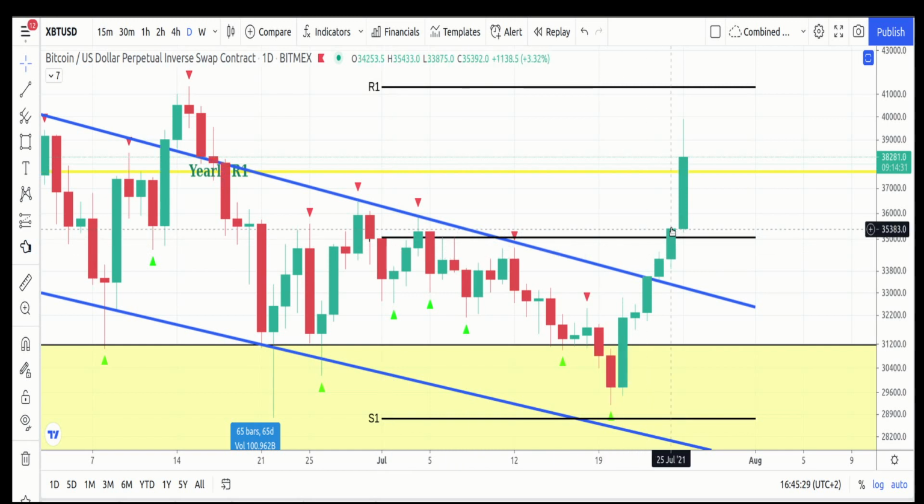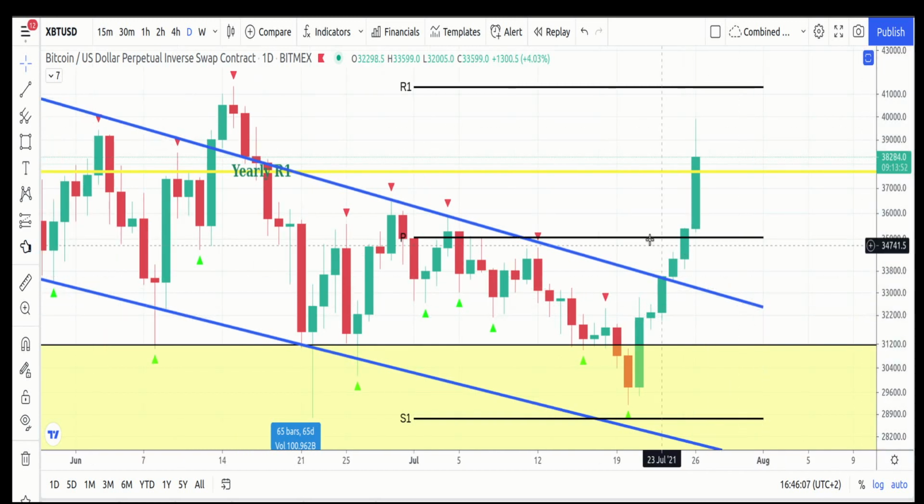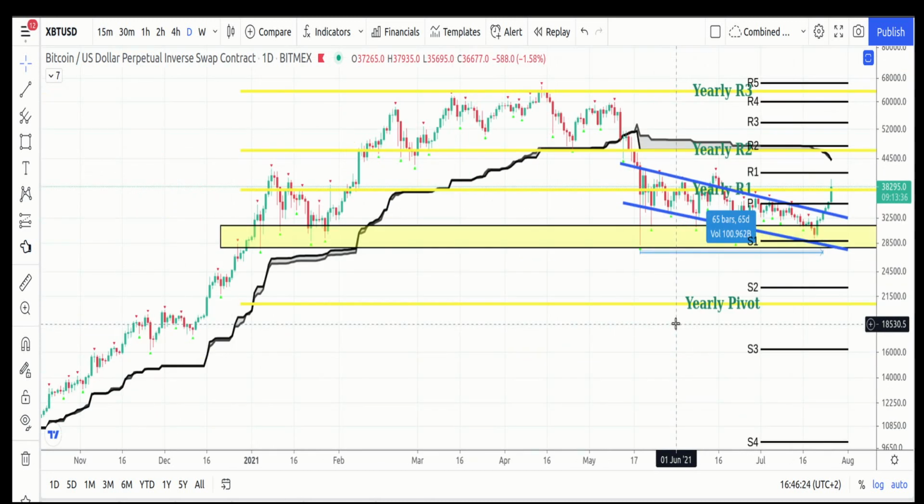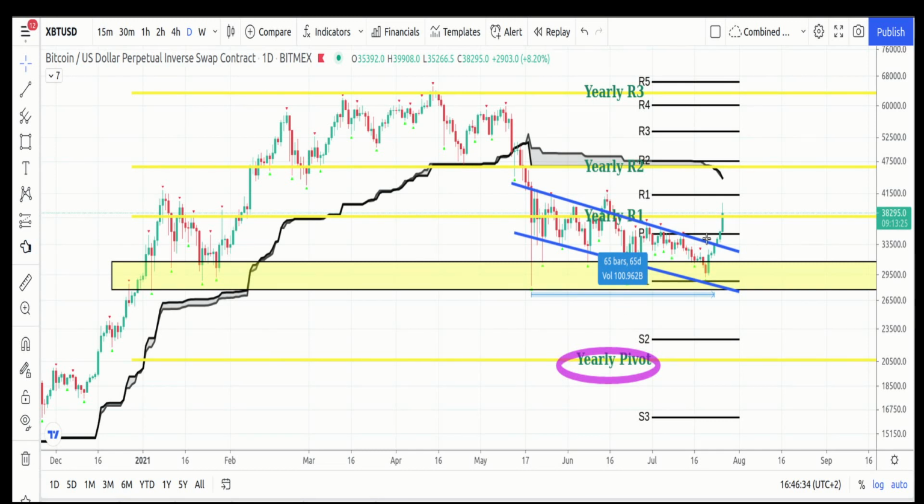And the moment that price closed above this monthly pivot, you can see how bulls are following up once again with a lot of ammunition and pushing price higher, and bears are just hiding under a rock. So now not only has price broken above the monthly pivot, it also managed today to break above the yearly R1, to return to a higher degree of bullish territory, because as long as price is above the yearly pivot here, price is in bullish territory.